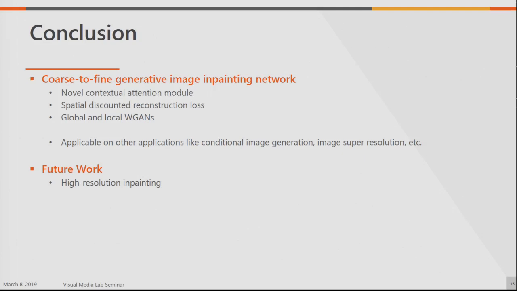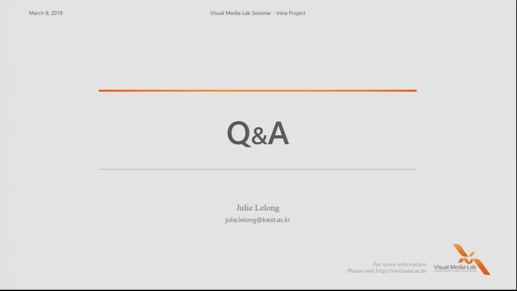They also mentioned that this method could also be applied for other applications like conditional image generation and image super resolution. One limitation of this work is the resolution of the input images, which is pretty small. And so in the future, they would like to work on high resolution inpainting. And this is the end of the presentation.